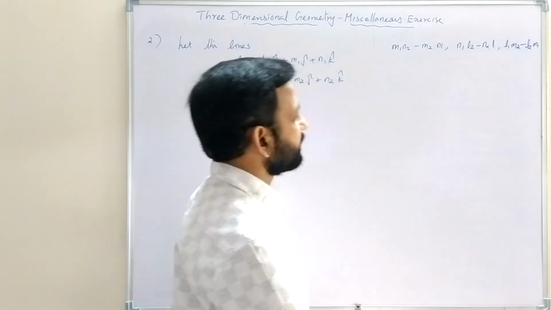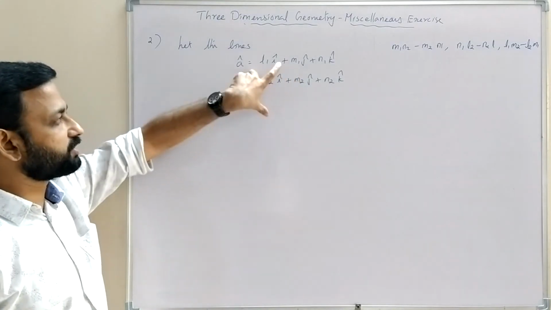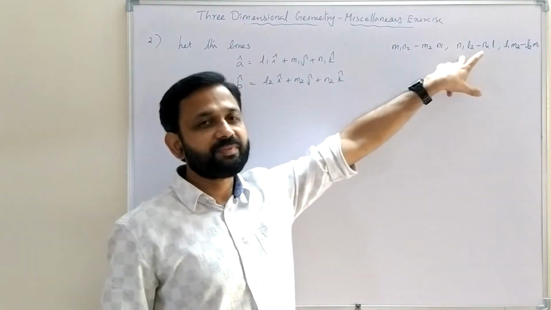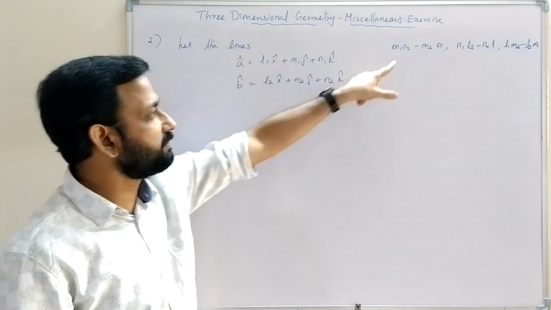So we need to show that the direction cosines of the line perpendicular to these two is this one. So that is our question.